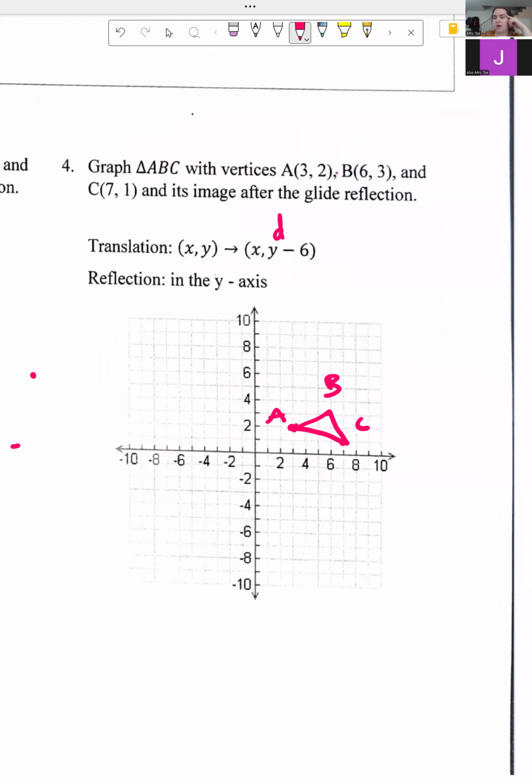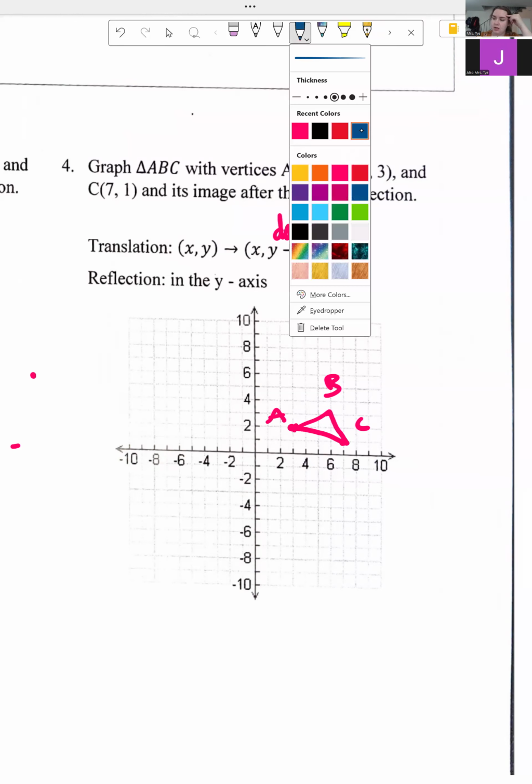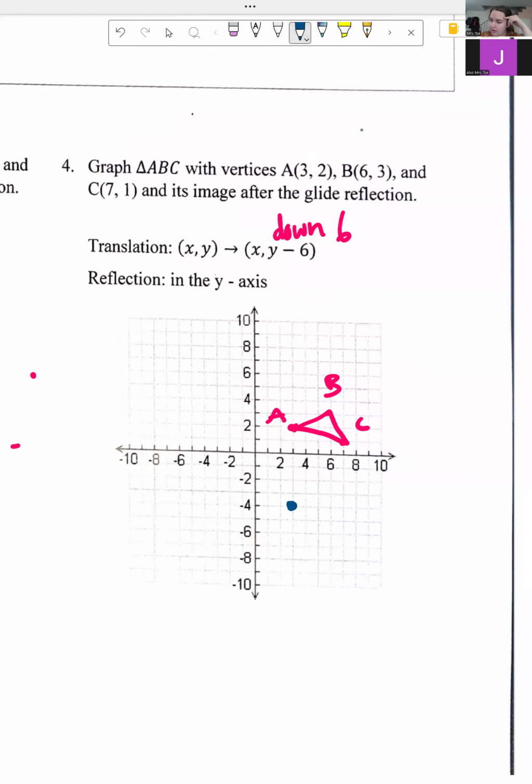We are just going to move down 6, because if we're subtracting from the y, we're moving down. If we're adding, we're moving up. So each of these points are going to get moved down 6 units. So 1, 2, 3, 4, 5, 6. What is this one?